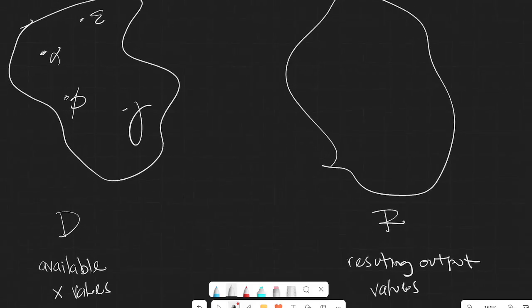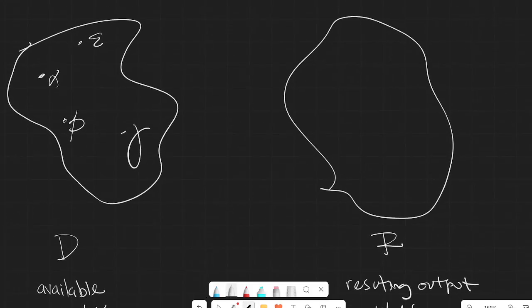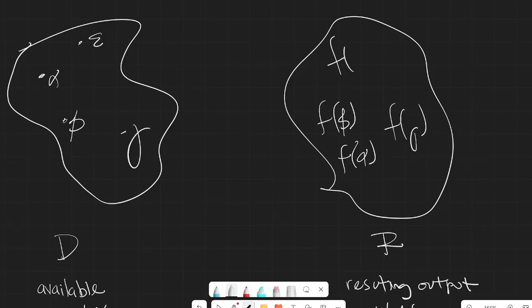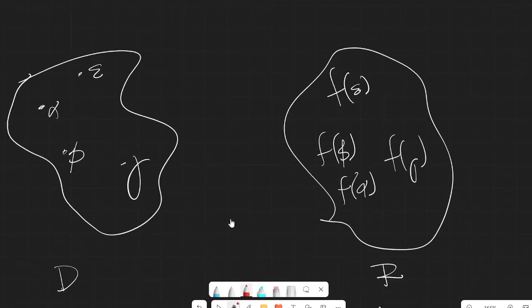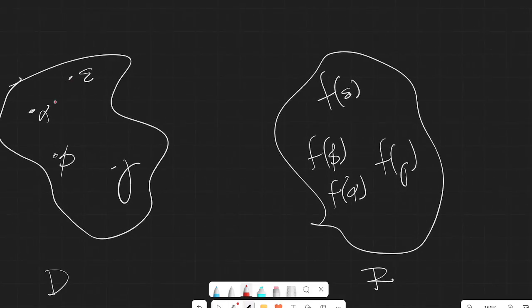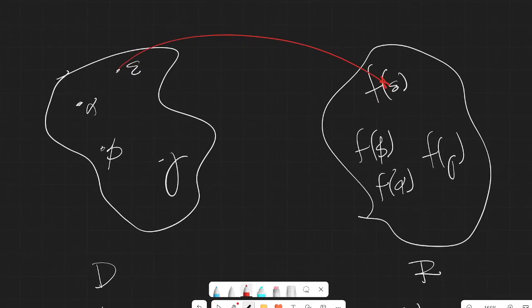And what we'll do is with our definition of the function, we'll come up with what's f of alpha, f of beta, and f of gamma, f of epsilon, right? So basically what this is saying is that this function, this machine, is mapping each of these to its corresponding output.